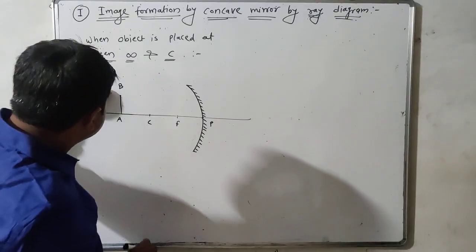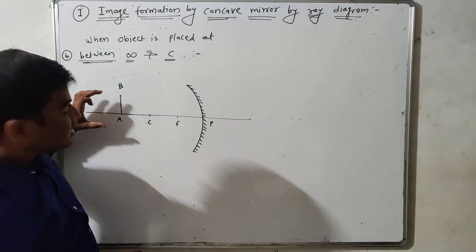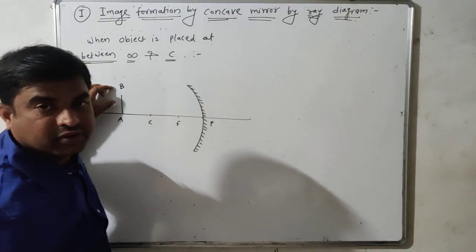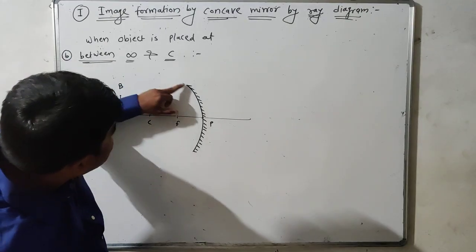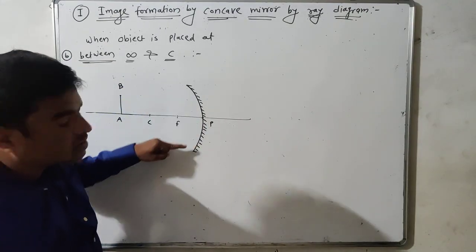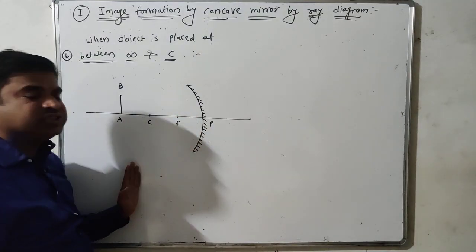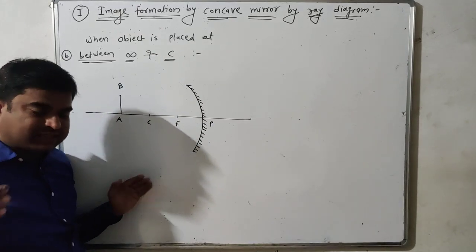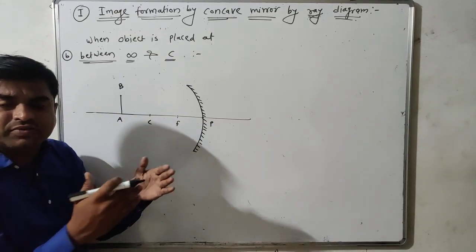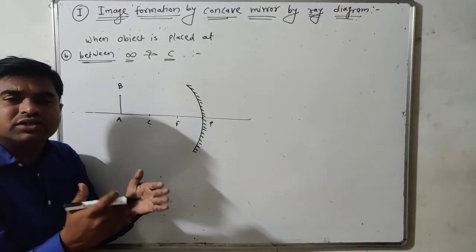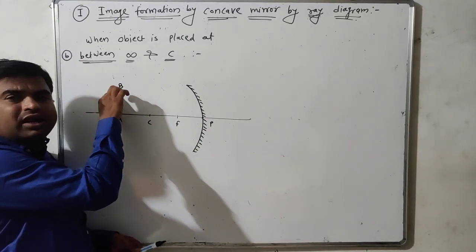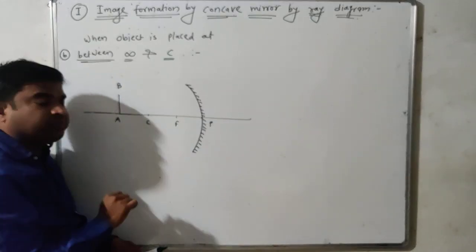Now student, the rays emitted by all the points from A to B are incident on the concave spherical mirror, and after reflection, those rays converge to respective points to produce the entire image of the object.